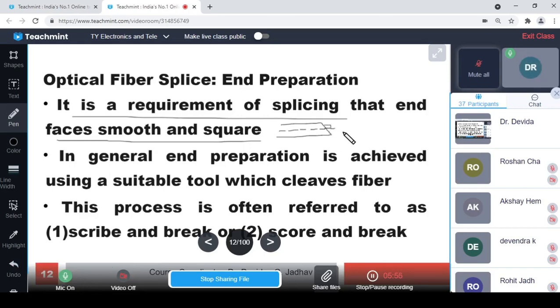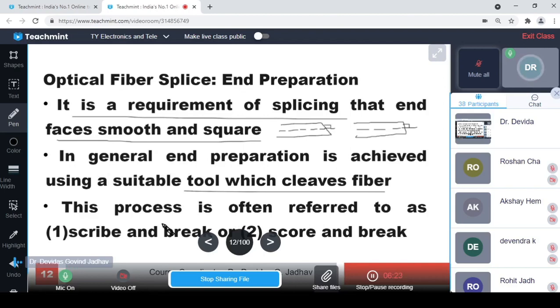The face is slanted. Perpendicular means this one. I am not able to draw a perfect perpendicular, but the face should be perpendicular to the axis. In general, end preparation is achieved using a suitable tool.